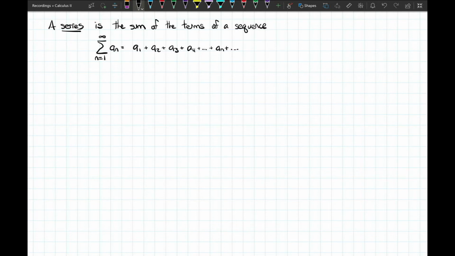Now, when we talk about the sum of infinitely many numbers, sometimes we have to wonder if that even makes sense. Can that possibly equal some value? It doesn't always make sense. For instance, taking a look at that first sequence, 1, 2, 3, 4, 5, which is just the sequence n, what if we were to add all those numbers together?